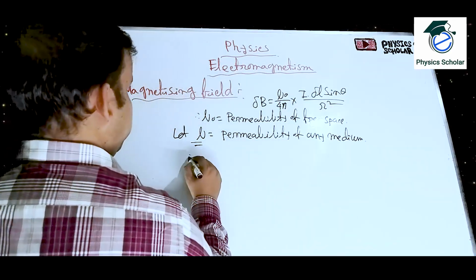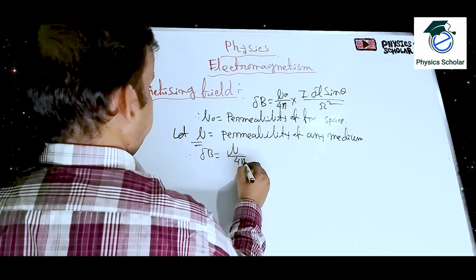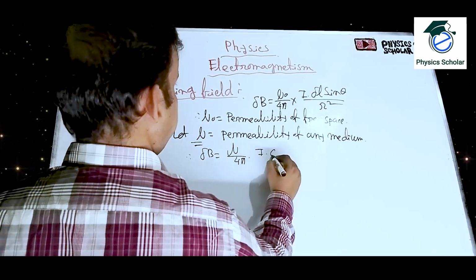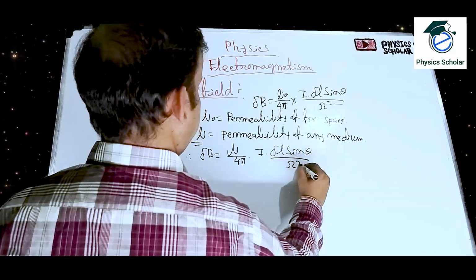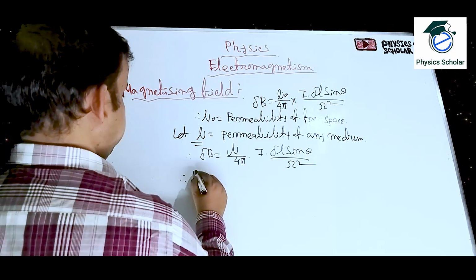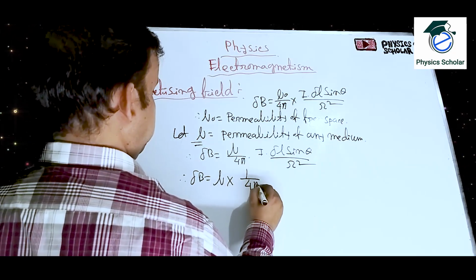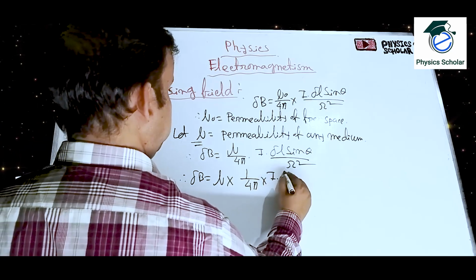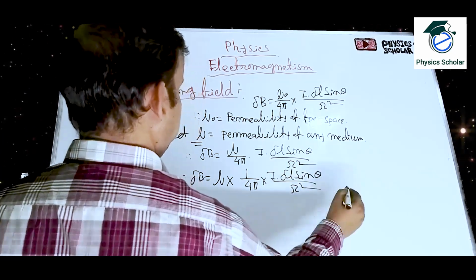Now we can write delta B is equal to mu by 4 pi into I into delta L sin theta by r square. That means delta B is equal to mu into 1 by 4 pi into I into delta L sin theta by r square.